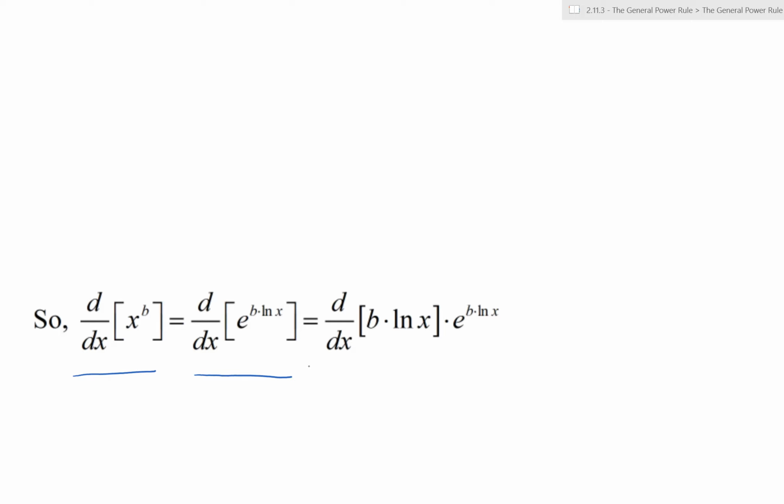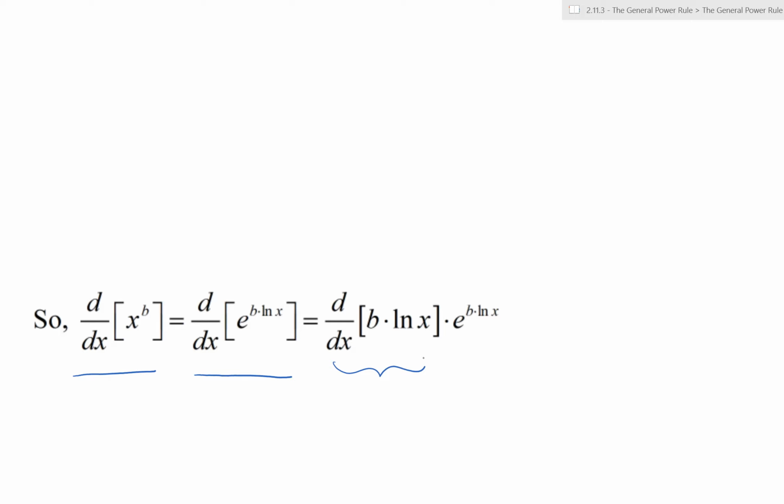By the chain rule, because of course we have established that when you take e to the power of x, differentiate it, we know the derivative is e to the x. So if I have e to the function of x like we have here, chain rule tells us we gotta take the derivative of that power, which is the derivative with respect to x of b times ln x, times e to that functional power b times ln x.